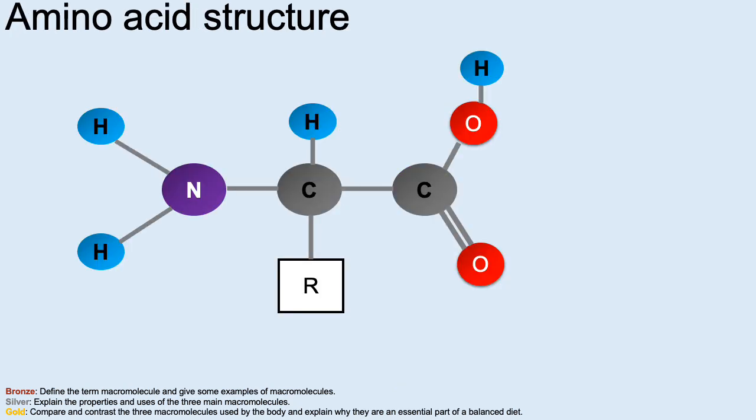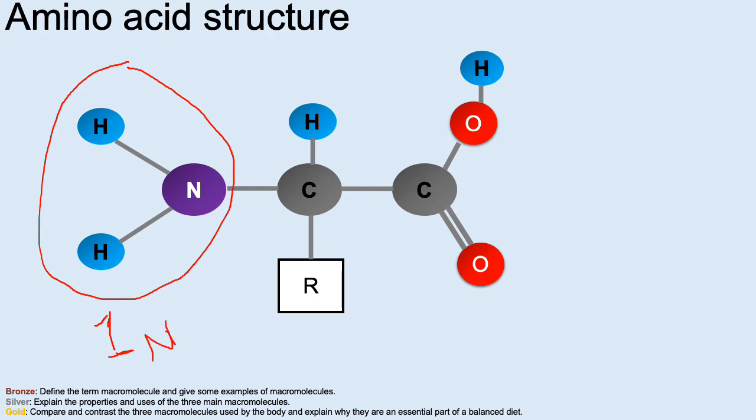So, okay, this is how they are in their basic form. You have three separate groups in amino acids. The first group here, I'm going to call group 1. That is an amine group. You don't need to know the names of the groups because that is AS level. I just thought I'd include it. So that's the amine group. That is NH2.